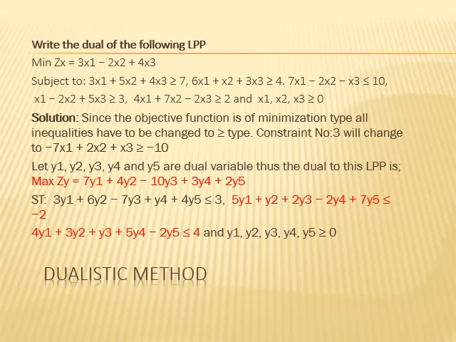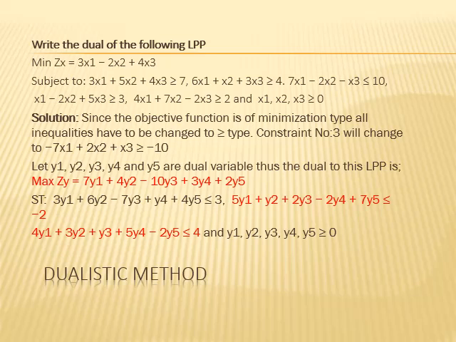The right hand side of the next constraint in the primal equals 4, so the next coefficient, of y2, must be 4: plus 4y2. The next coefficient, of y3, must be negative 10.